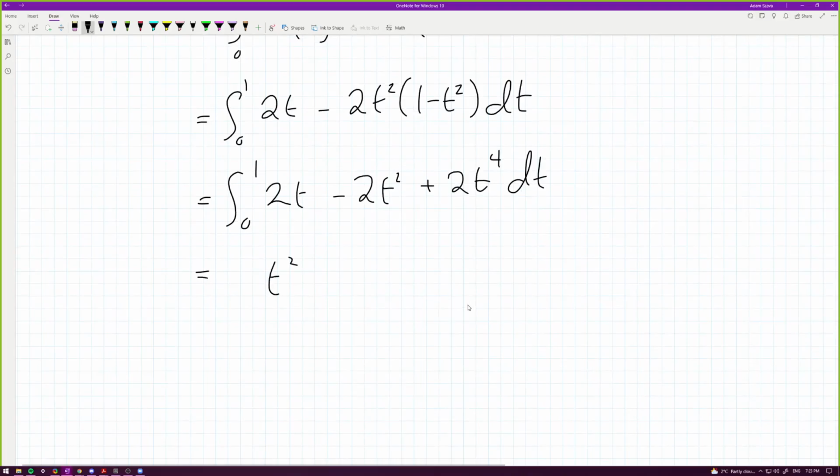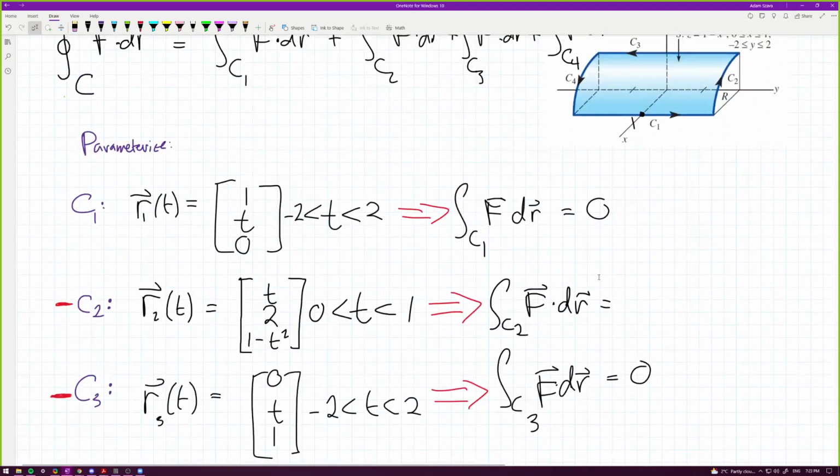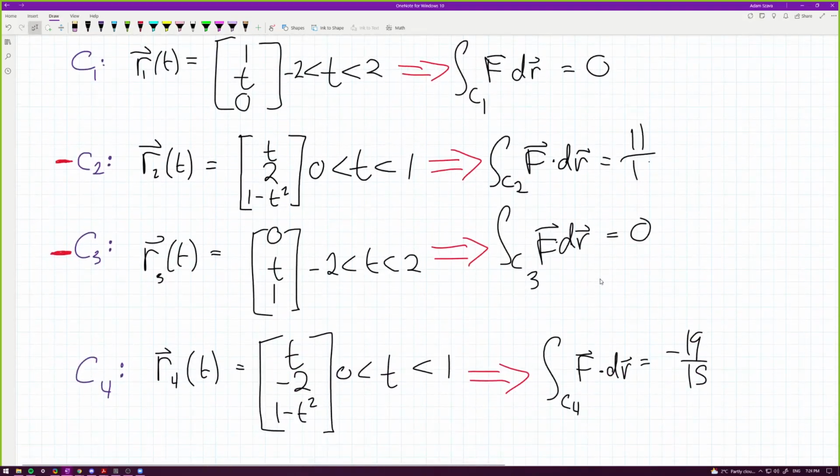And this is t squared minus 2t cubed over 3 plus 2t to the 5 over 5, evaluated from 0 to 1. 1 minus 2/3 plus 2/5. Let's make sure that that's what I got. 1 minus 2/3 plus 2/5. Yes, and it's 11 over 15. Okay, 11 over 15.